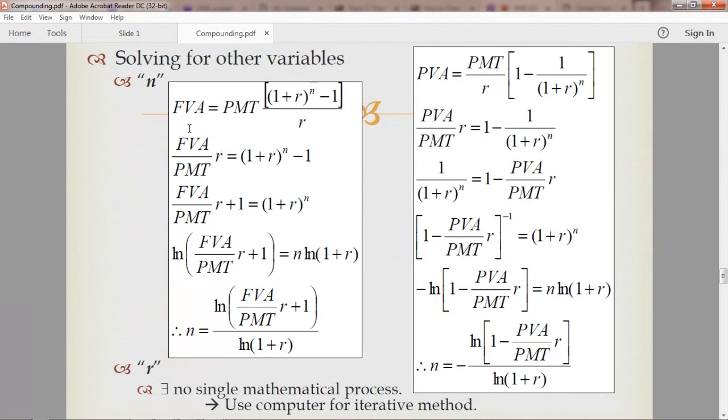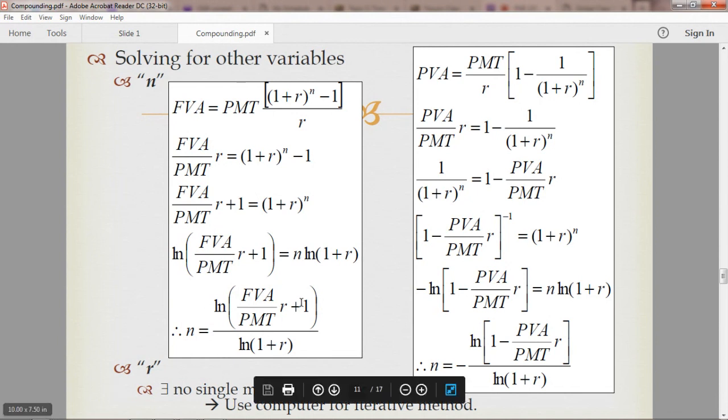And then multiply both sides by r, so this gets canceled out. So in the right-hand side, I have only this left. And then plus 1, and this gets canceled out. And from here, we use the natural log on both sides. Voila.